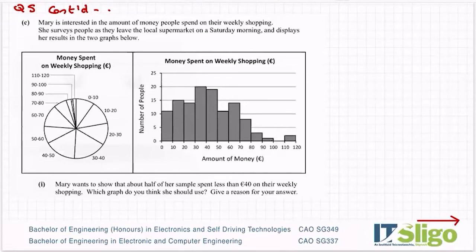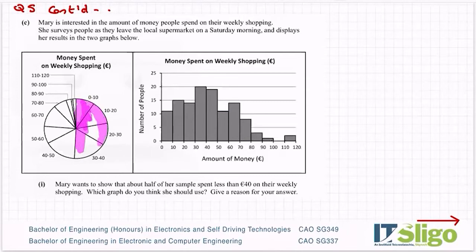Mary wants to show that about half of her sample spent less than 40 euros on their weekly shopping. Which graph do you think she should use? They spent less than 40. Okay, so let me colour in the section of the pie chart that's less than 40.